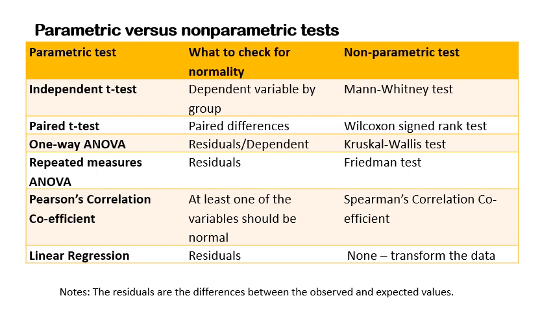For the one-way ANOVA, you will use the Kruskal-Wallis. For repeated measures ANOVA, you will use the Friedman test. And for Pearson's correlation coefficient, the non-parametric equivalent is Spearman's correlation coefficient.